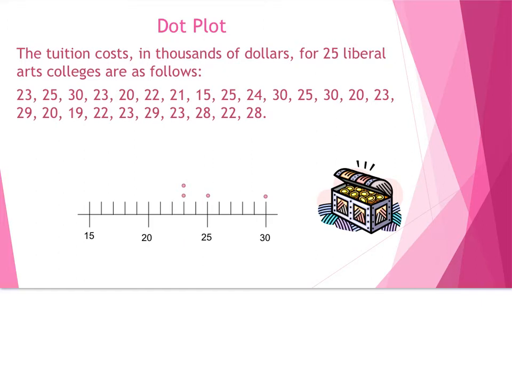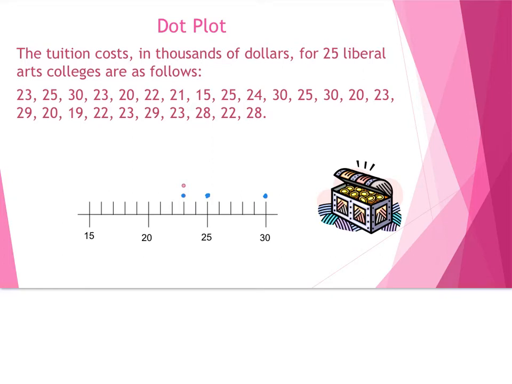If I start with 23, that would make this dot here. Then 25 would go here. Notice when I make these dots, they're not on the number line, they're above it. And all of the first instances, 23, 25, 30, are level with each other going across.